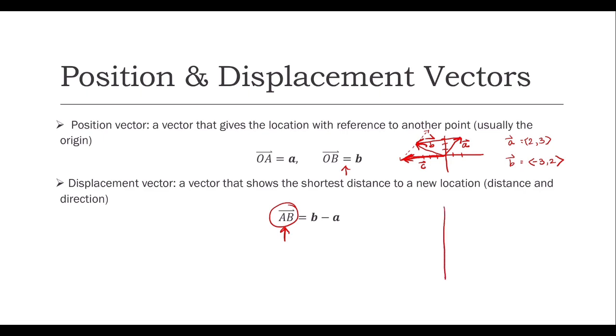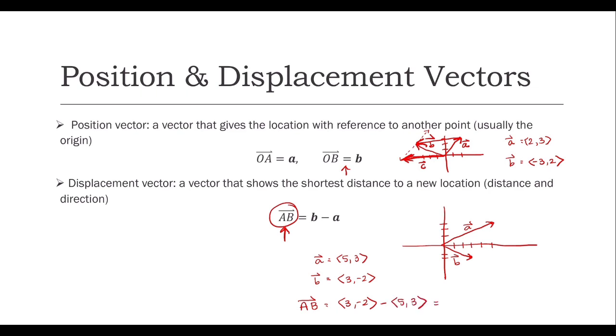So if we had a vector where we had 5, 3, and that was A, so there's our position vector for A. And then if B was 3, negative 2, then AB would equal B minus A. So 3, negative 2 minus 5, 3.